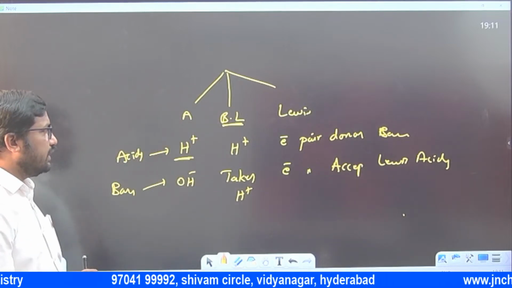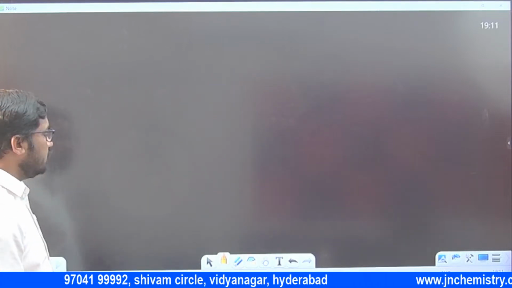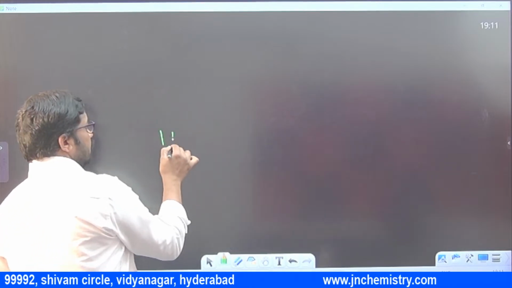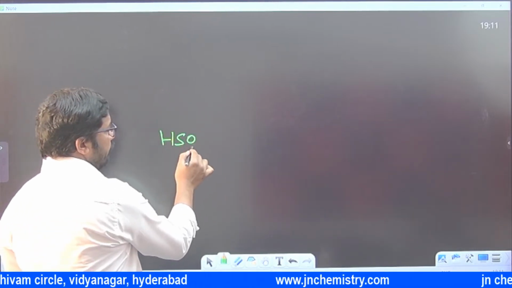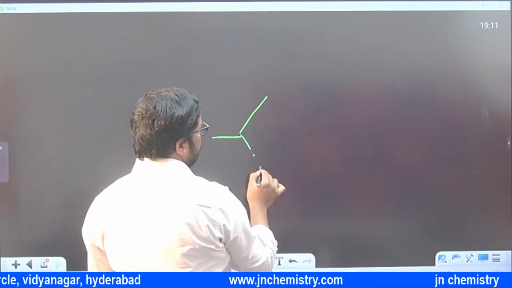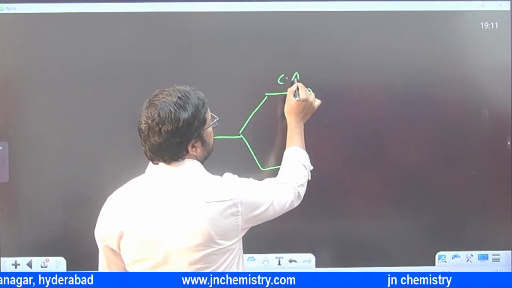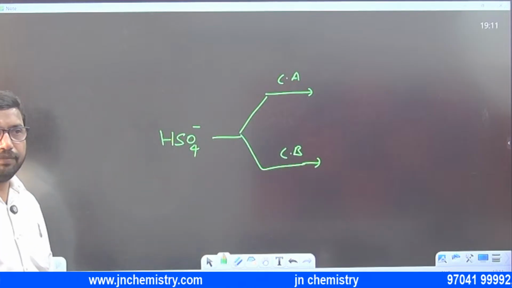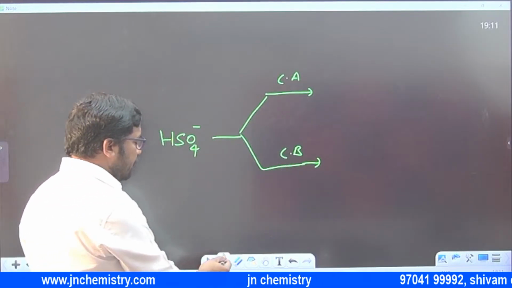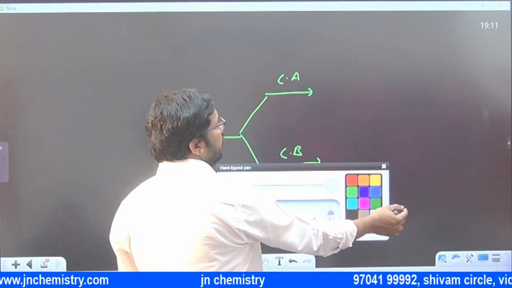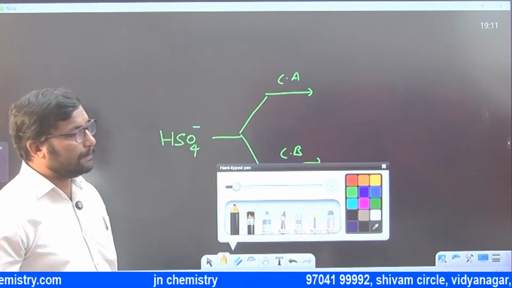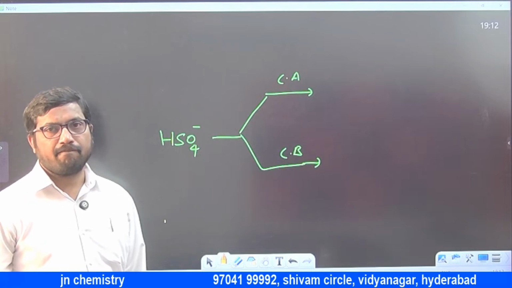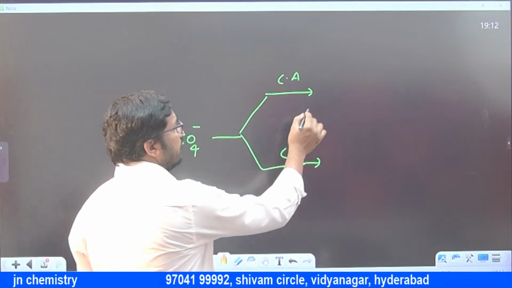I already told you these things, and conjugate acid-base theory is also explained. For example, HSO4-: what is its conjugate acid? Meghna, what is its conjugate acid? H2SO4, very good.